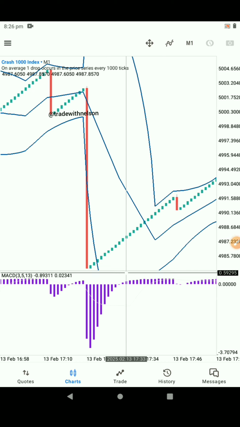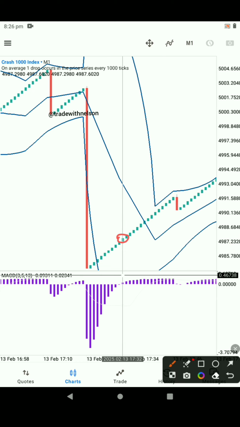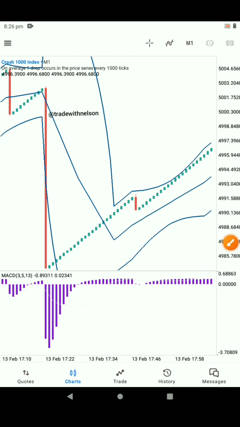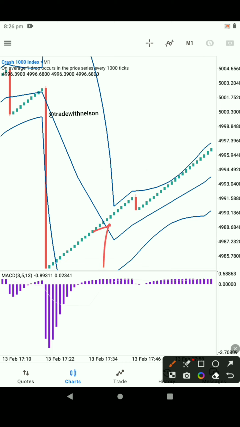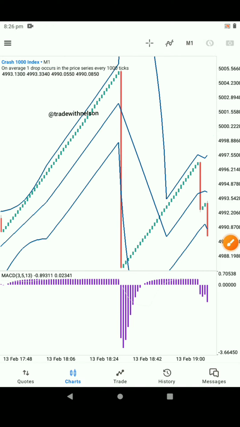We enter a buy at this point and then we count 5 candles, or we close our trade when it touches the middle band, because at the middle band the market is likely to reject or break it. We don't know, so we either catch 5 candles or take our profit once it touches the middle band. Let me show you more examples.